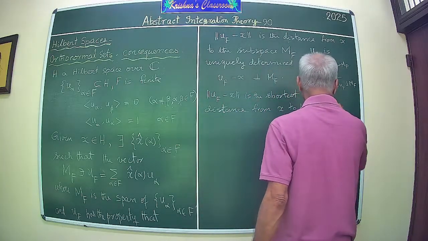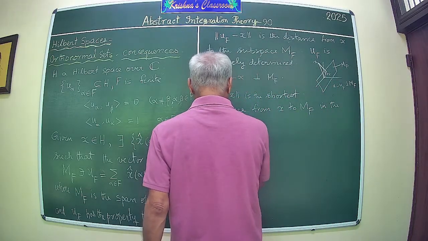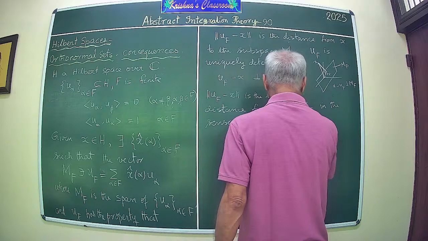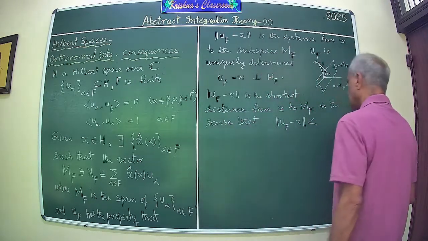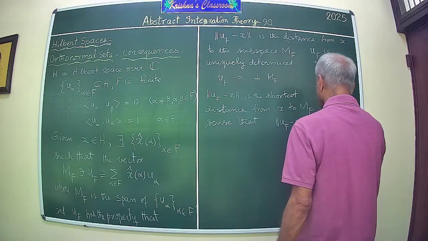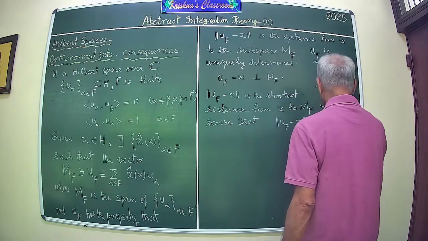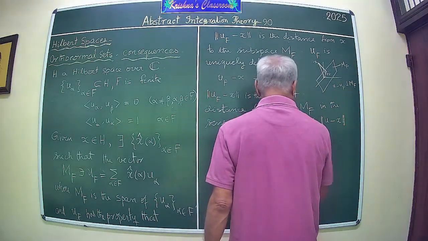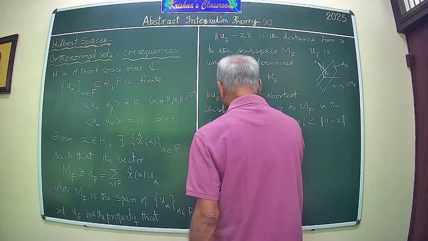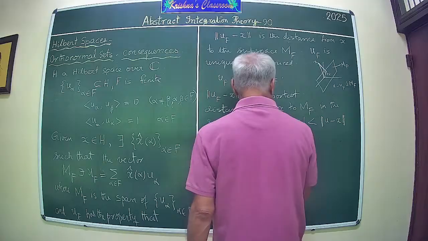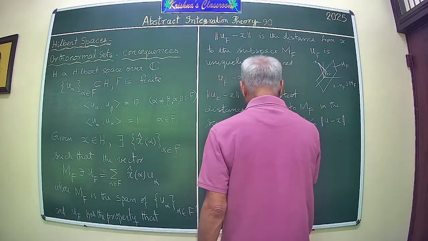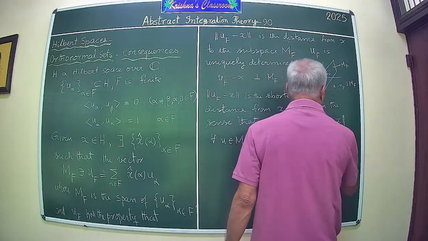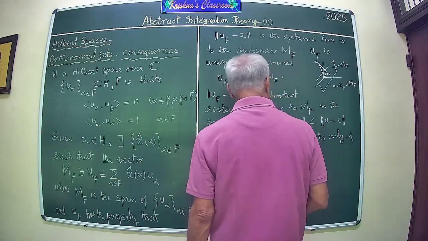In the sense that the norm of x minus u_F is strictly less than the norm of x minus u for every u in M_F, and equality only if u is equal to u_F.